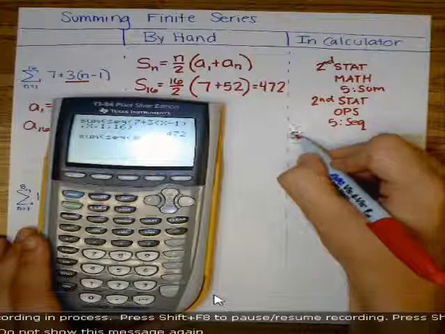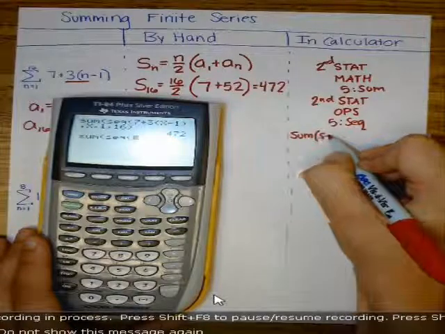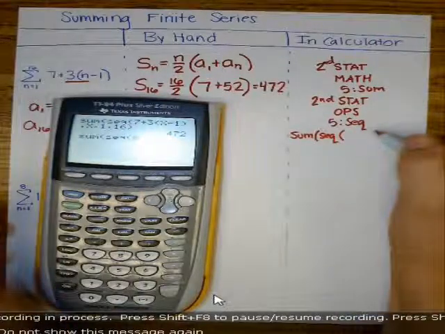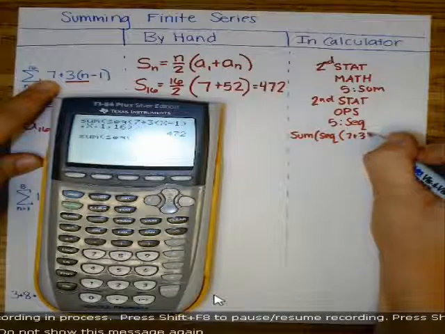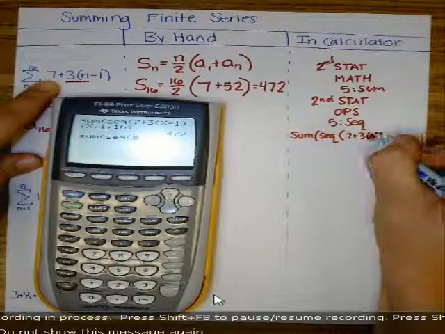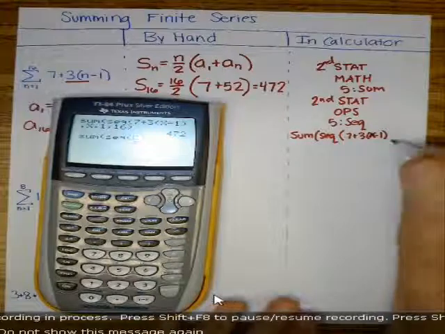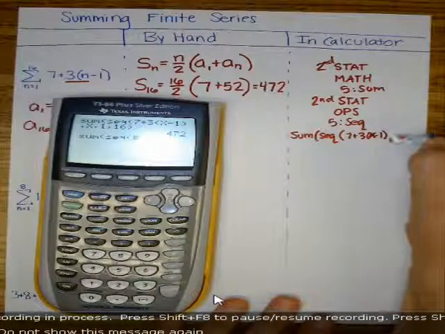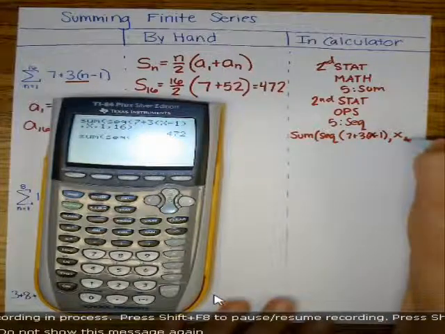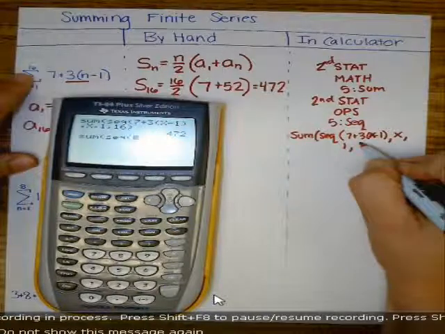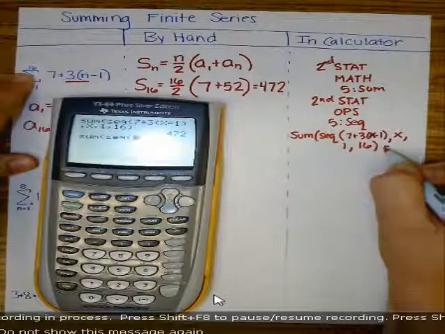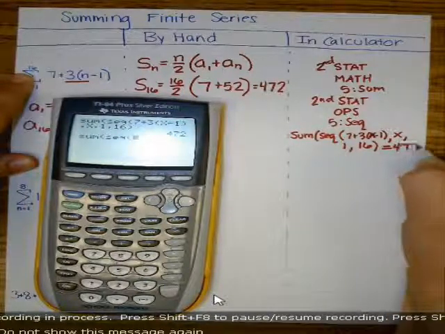So the calculator looks like sum, sequence, we have to enter in 7 plus 3 and minus 1, and that will be an x, comma, define your x, tell it where you're starting and where you're ending. Close it, and that will give you 472.